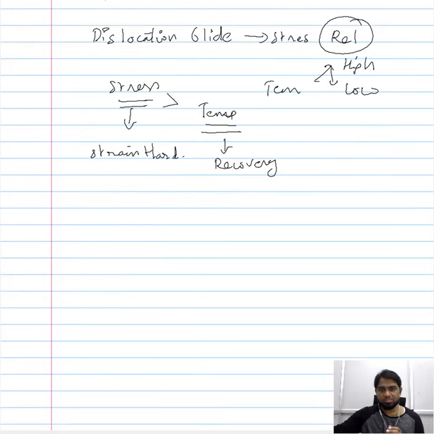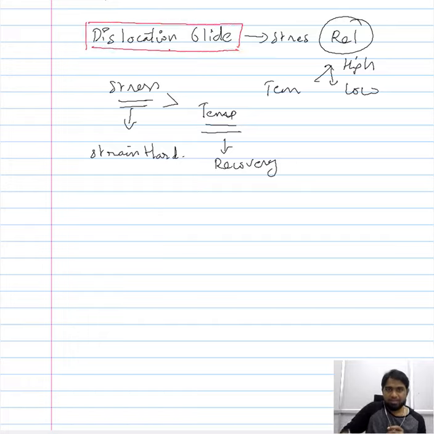So as opposed to dislocation glide, the other mechanism that is operational under a definite combination of stress and temperature is the dislocation creep. So the first mechanism is the dislocation glide, and the second mechanism which we saw is the dislocation creep.